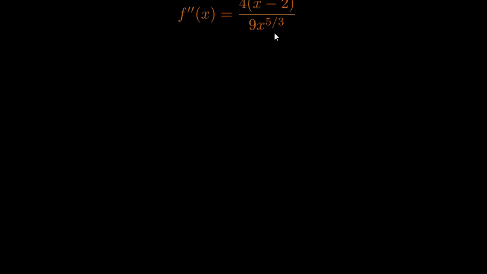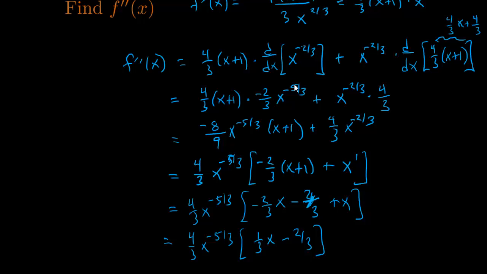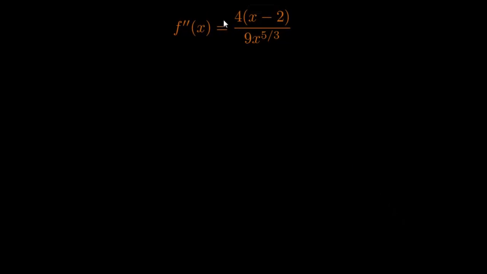And then if you actually clean that up a little bit, we can factor out a 1/3 here. If you factor out a 1/3, you're going to get 4, and then you pull out a third, you're going to get 9 x to the negative 5/3. And then if you pulled out a 1/3, that's just going to be an x minus 2. Alright, so that's how we get this right here.